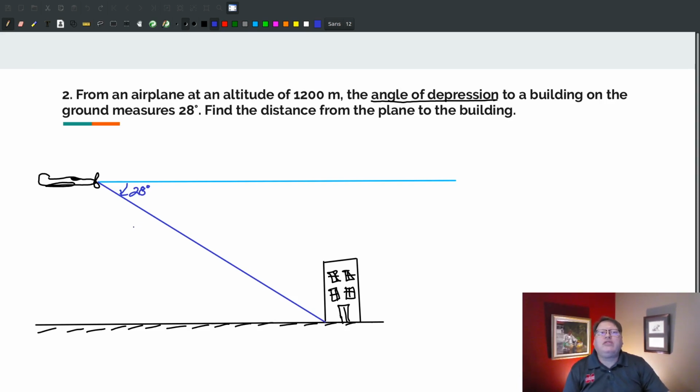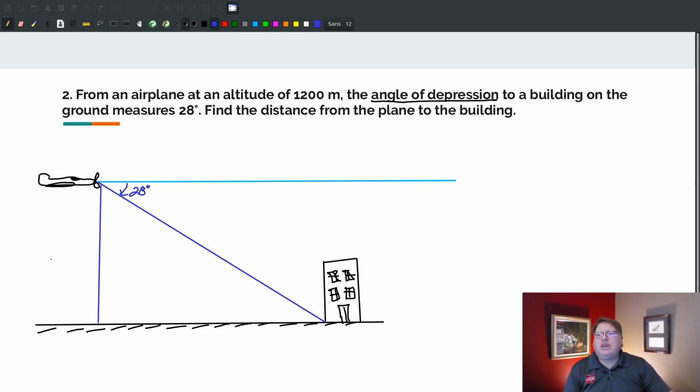And we're trying to find the distance from the plane to the building. Now, we're going to assume that they want the ground distance. So we're going to draw a height of this triangle, because we're told information about that as well.